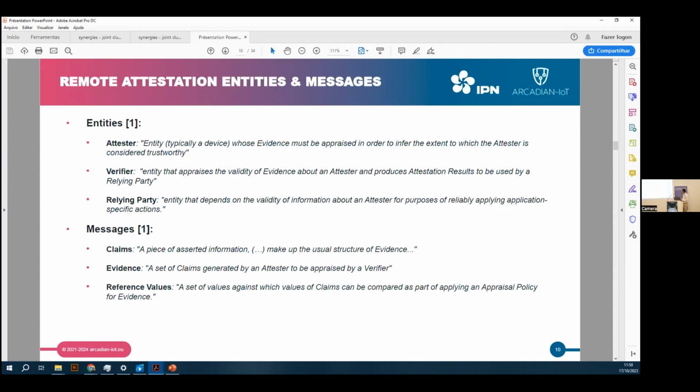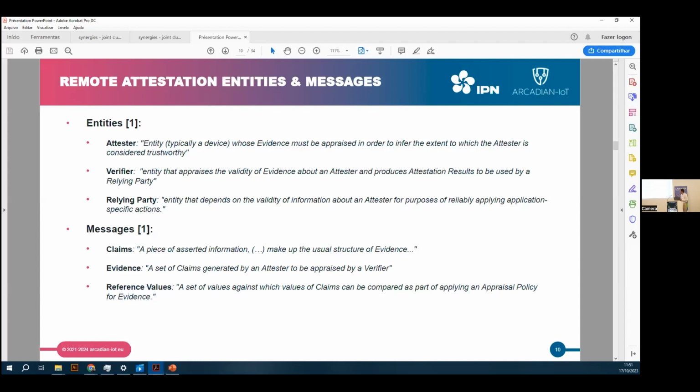The verifier is the entity which appraises the validity of such evidence about the attester, and produces the attestation results to be used by a relying party, which is the ultimate consumer and is interested in this remote attestation procedure. Again, it is the entity that depends on the validity of information about an attester.